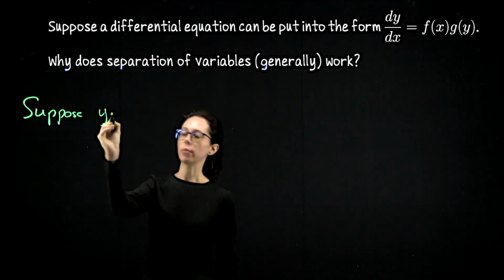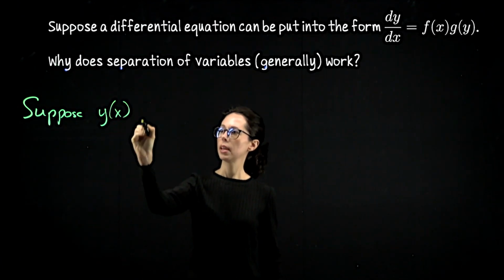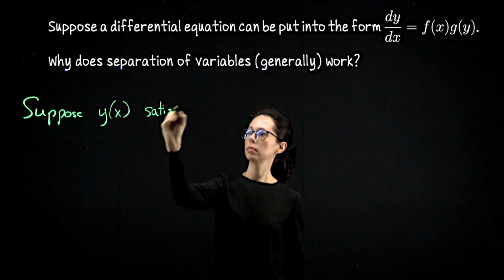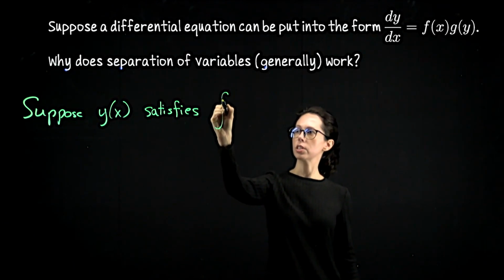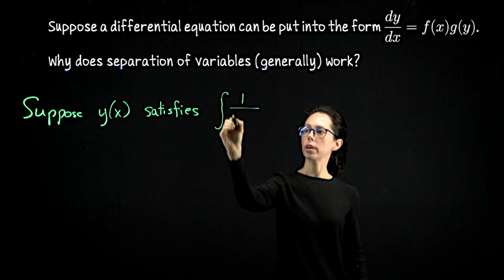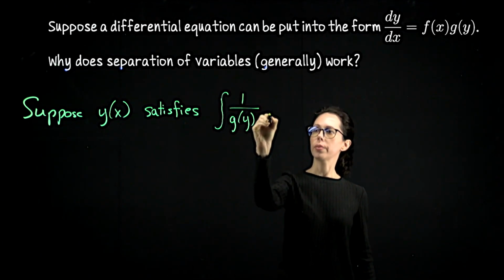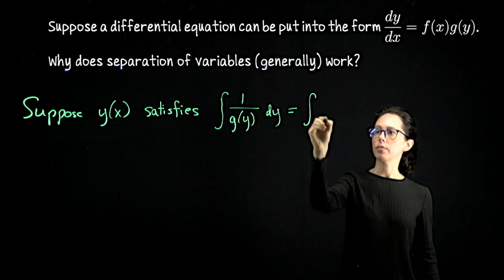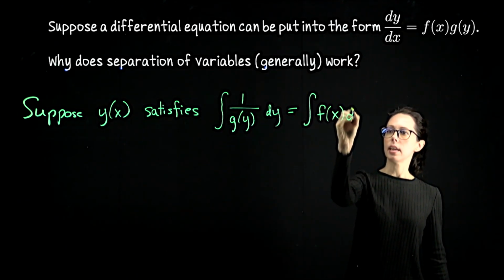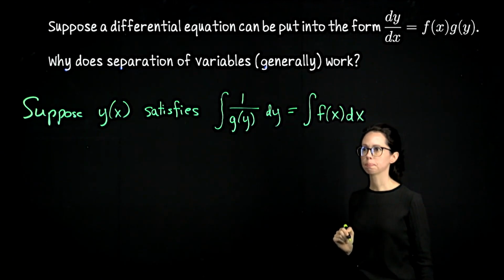Suppose y, which recall is a function of x, satisfies that if you anti-differentiate 1 over g of y with respect to y, you get the antiderivative of f of x dx plus a constant.